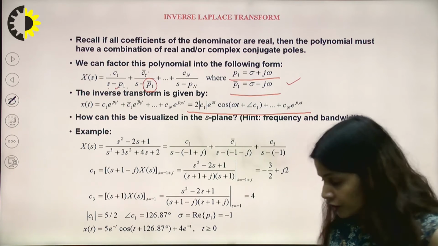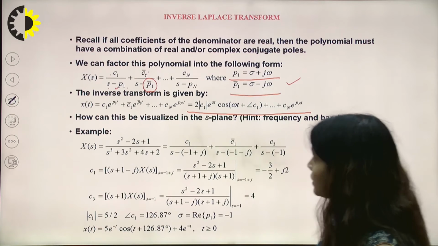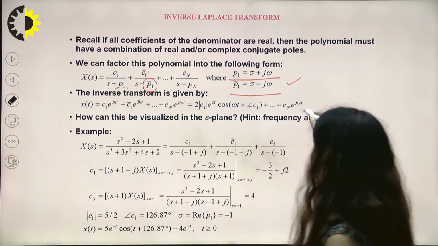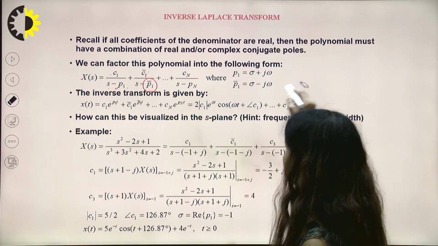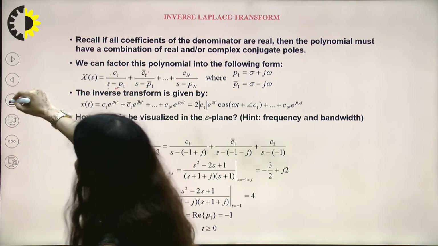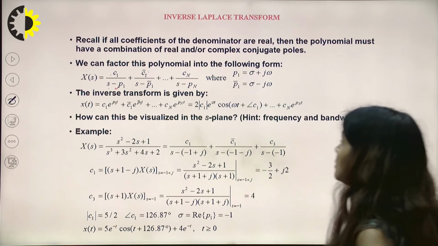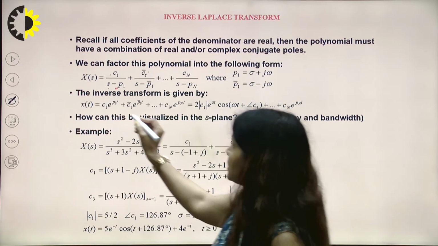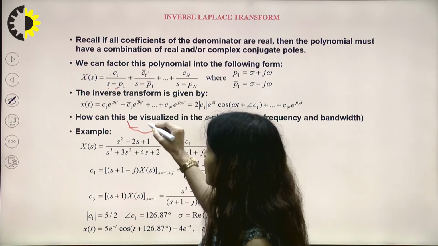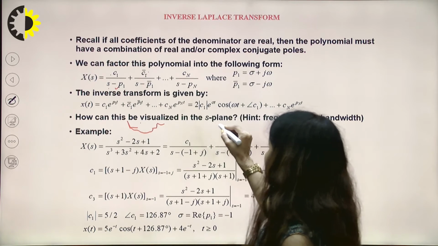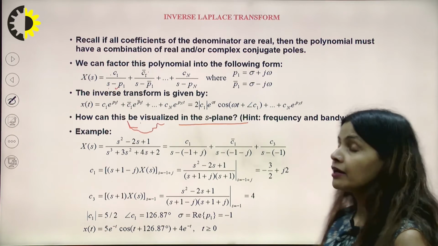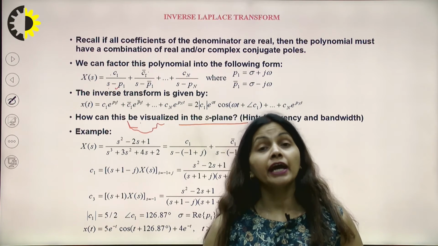Now here one modification is there. See, when it is occurring in the conjugate, how to visualize in the S-plane? For that visualization, we need to calculate the angle also.